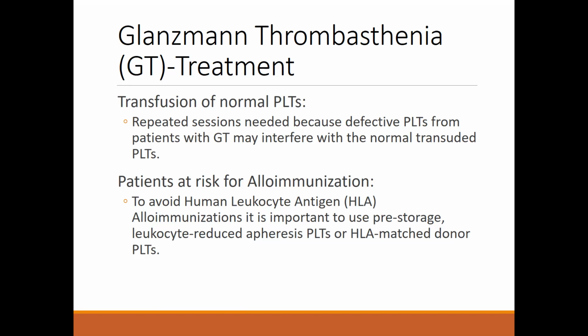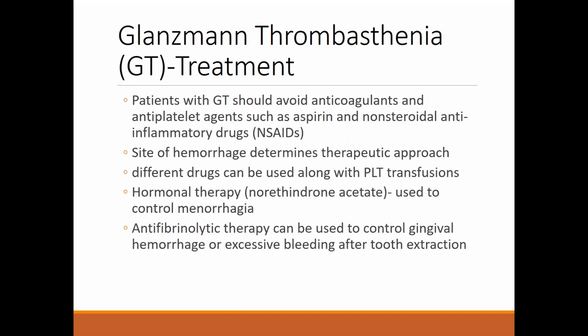So HLA matched donor platelets may be a little bit more difficult, but using pre-storage leukocyte-reduced apheresis will really minimize the chances of alloimmunization if you are using repeated transfusions of platelets on this particular patient. Okay.